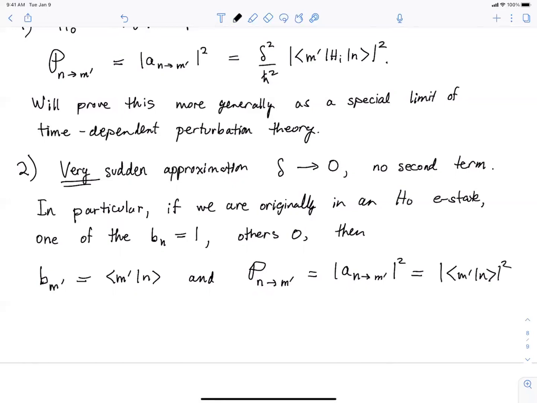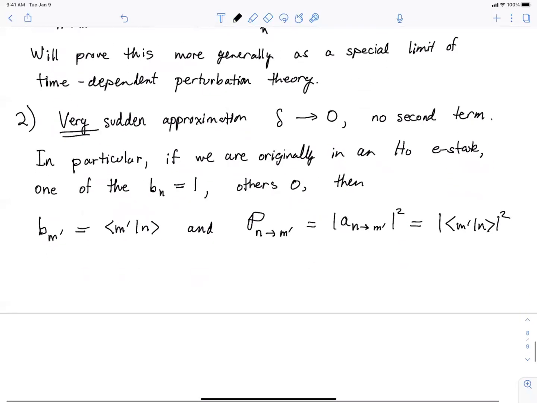So if you think about it, it couldn't possibly have been anything else. If delta really is so small that it doesn't matter, then it doesn't matter what the H interaction is, right? And so the only thing that could possibly make a difference is what's my initial state and what's my final state. And given two states, what are you going to do to get a probability? You're going to take the square of the matrix element. That's about the only thing you could possibly do.